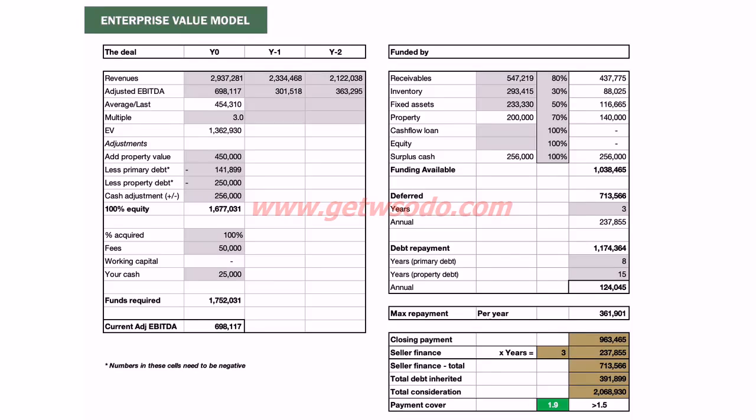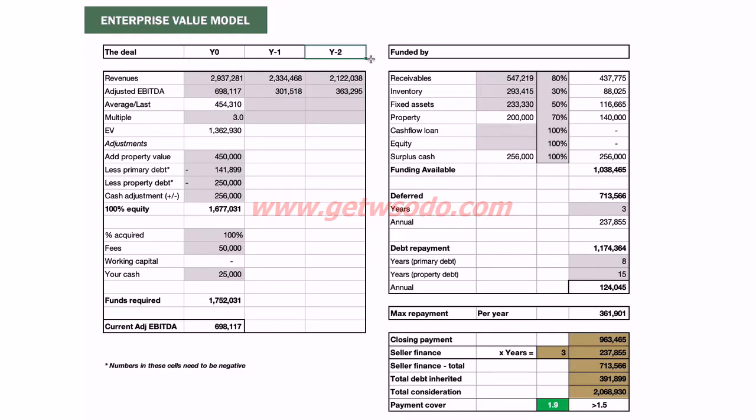If you have a forecast for the future year, or you're halfway through the current year and you have a pretty good feel on what the numbers are going to be, that might be your Y0 number. But for this example, I'm just going to use the 2019 numbers. Then Y-1 is the previous year, in this case 2018, and Y-2 is 2 years prior, so that's 2017.